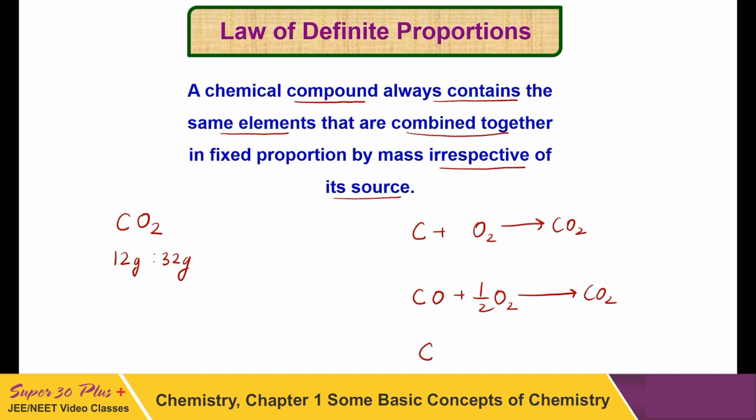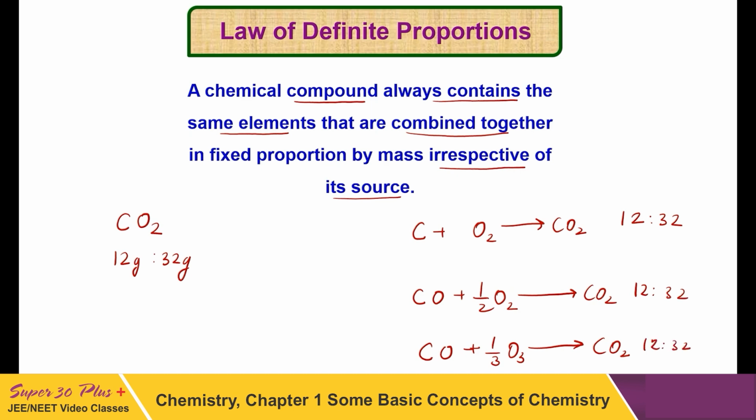Or you can say CO plus 1/3 O3, ozone, gives CO2. In the first reaction, CO2 is obtained from carbon and oxygen. Here it is obtained from carbon monoxide and oxygen. Here it is obtained from carbon monoxide and ozone. But still, in all three examples, the ratio of the mass of carbon and oxygen is always 12:32.